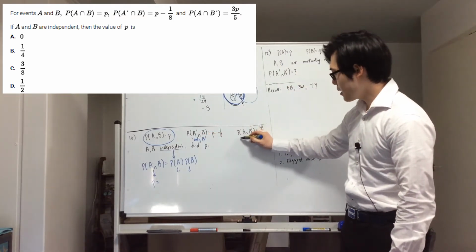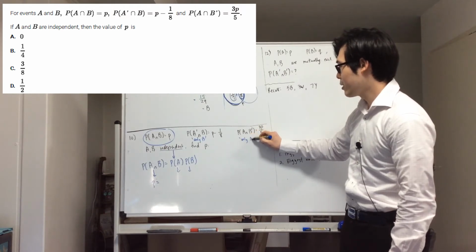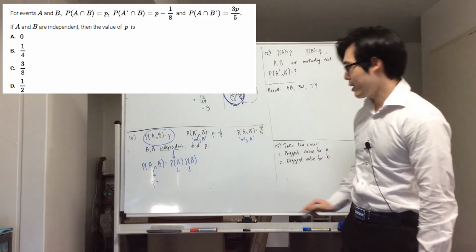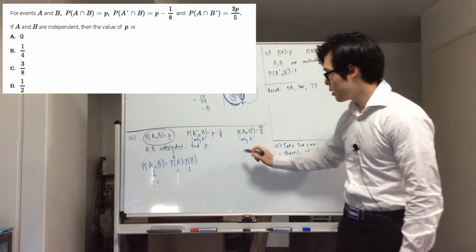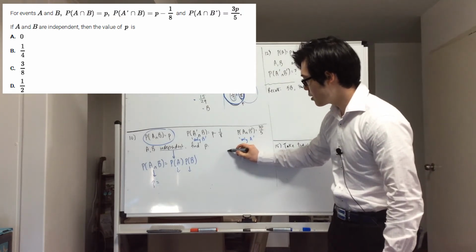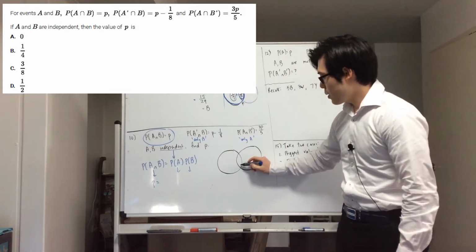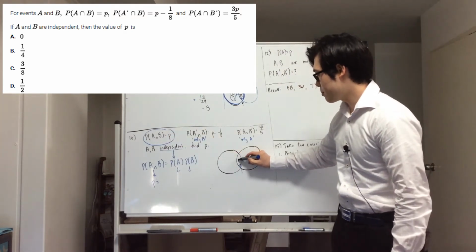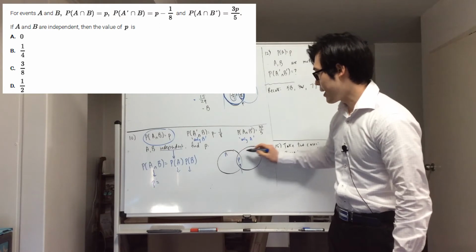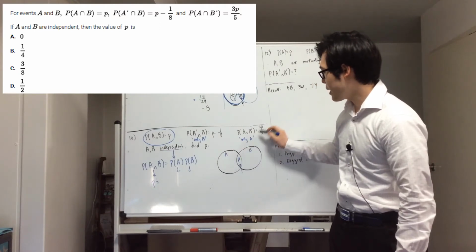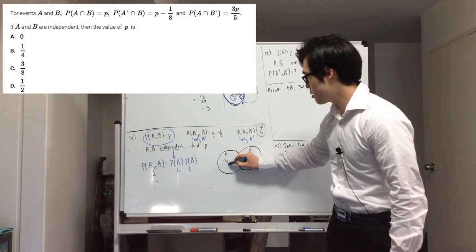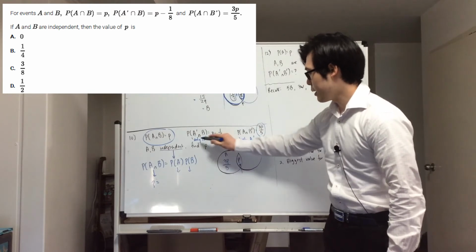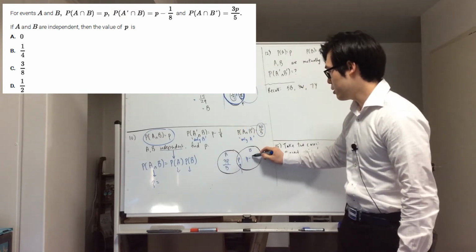A and not B means only A. So let's apply what I did in the previous question here. If I drew, remember this is your AND number, so that's P. A and B is P. Let's say this is your A, this is your B. Only A is that, and only B is that expression.